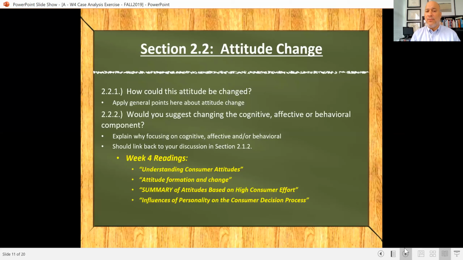There's a reading on the summary of attitudes based on high consumer effort that had lots of, in its early part, about attitude change. And there's also a great piece on the influences of personality on the consumer decision process. And if you link to that, you can scroll down to the part there that deals with attitude. I think you'll find lots of good, relevant information about this topic there.